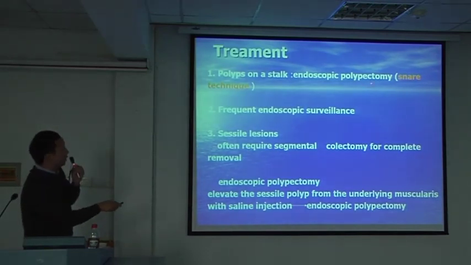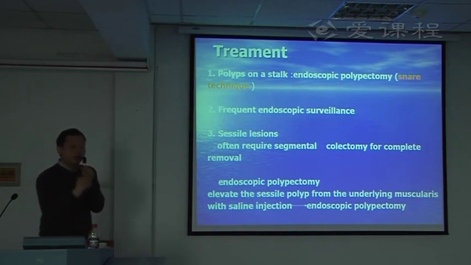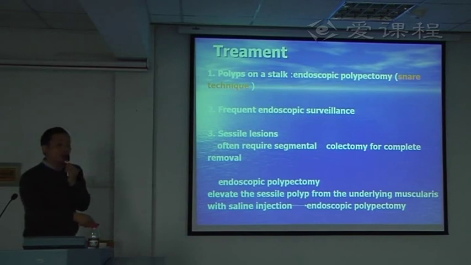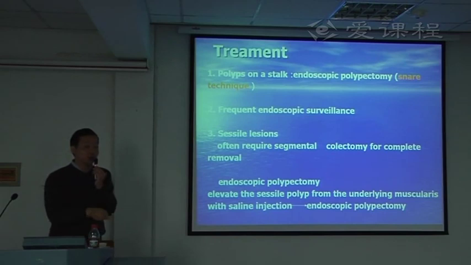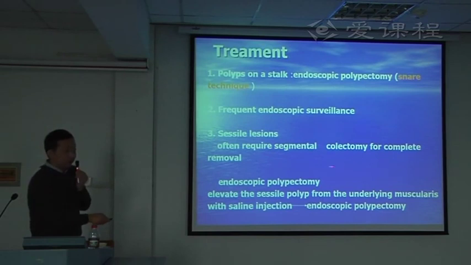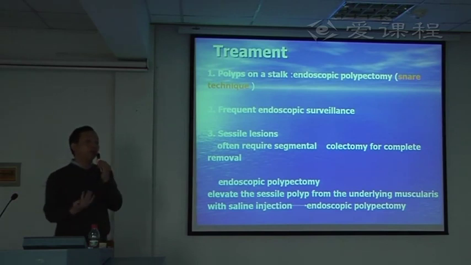After you do the snare technique, polypectomy, you should do surveillance annually or every half year. But for the sessile lesion, sometimes it's difficult to use the snare technique. But for the small one, we can also use the snare technique. But for the large sessile lesion, usually we should do a segmental colectomy to remove it, either open or laparoscopic.